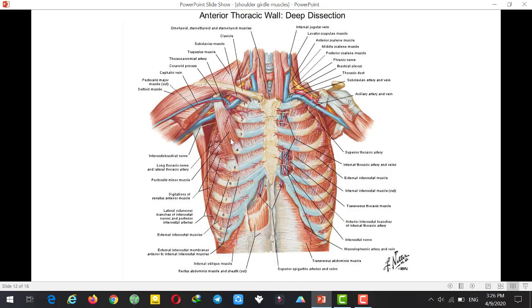Another muscle that we have deep to the pectoralis major is pectoralis minor. Origin of this muscle comes from the third, fourth, and fifth ribs, anterior and lateral surface, and attaches to the coracoid process. Nerve supply, medial pectoral.